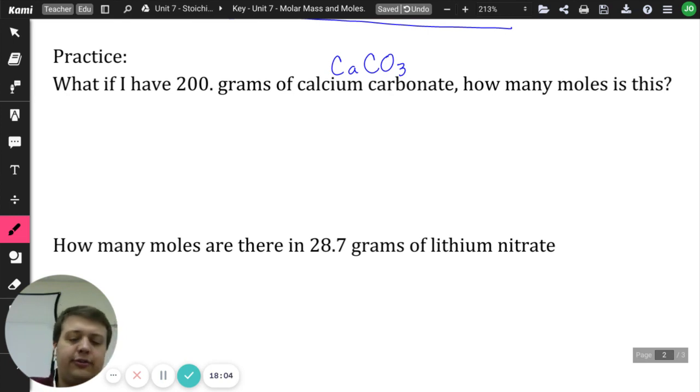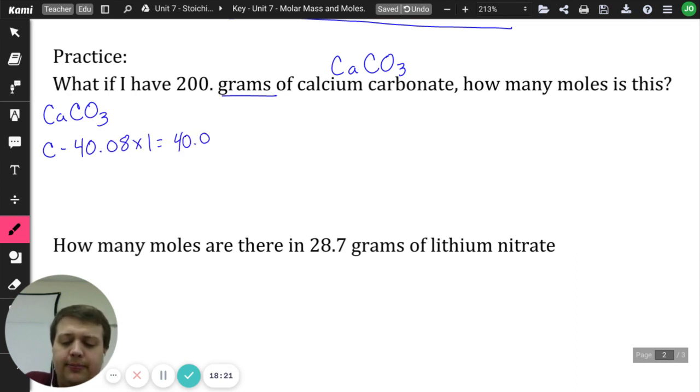So how many moles is this? Well, I've got a mass here, so let's go ahead and solve for our molar mass, because we're going to need it. So I have calcium carbonate. Calcium has a mass of 40.08 times 1, so 40.08.